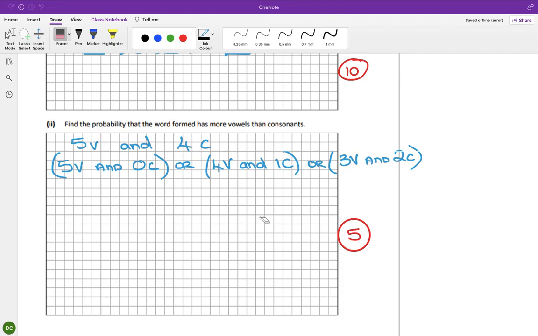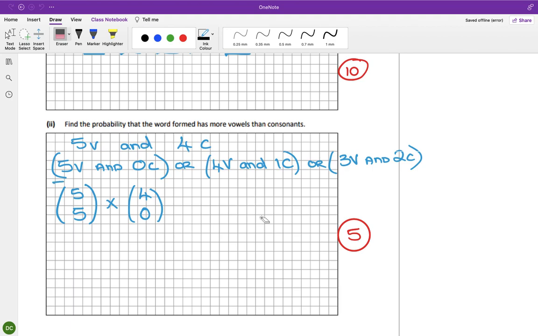Okay, so sorry, this feels like combinations because this is how these questions normally go, but it can't be. Okay, I'm just going to keep going. So I have 5 vowels. How many vowels do I have? 5. How many do I need? 5. And then how many consonants do I have? 4. How many do I need?